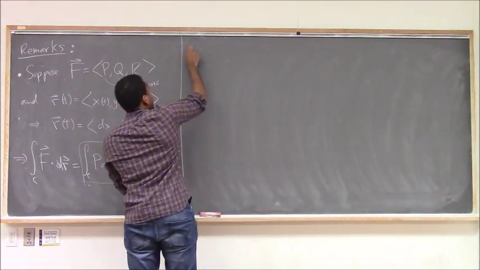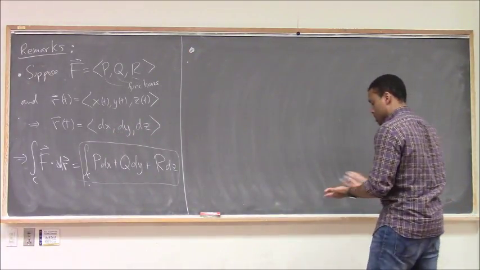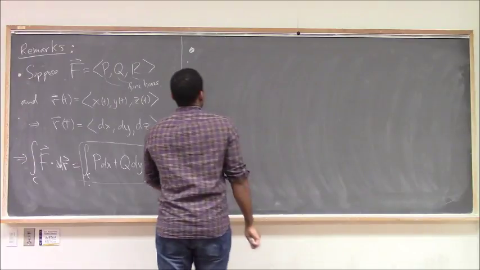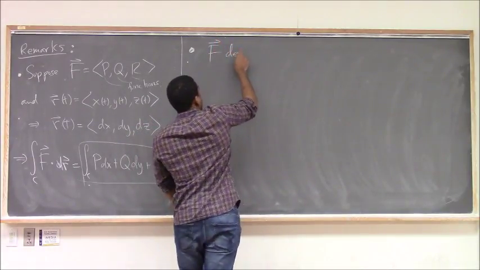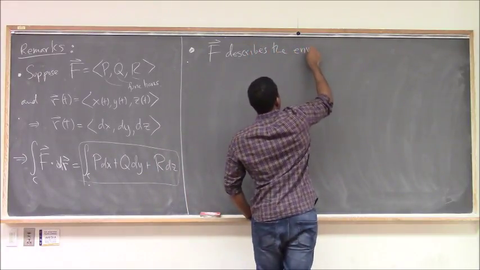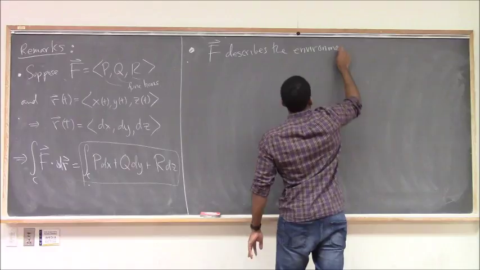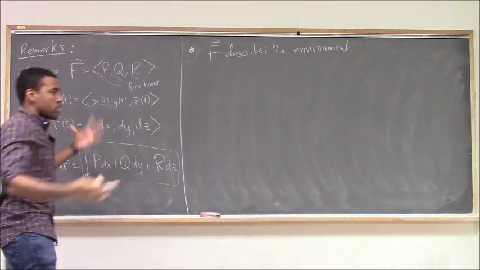Another remark is the following. I'm doing some hand waving here because I'm not going to go too much into theory. But we spoke about that f describes the environment. Right? Which means it creates a vector field over your space.